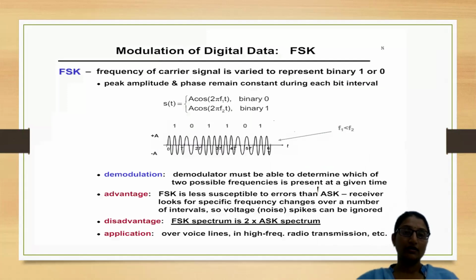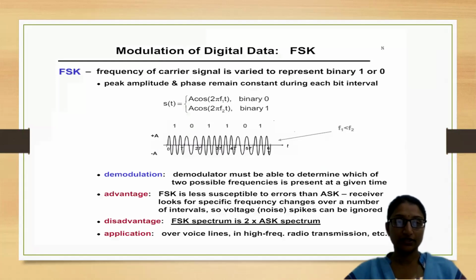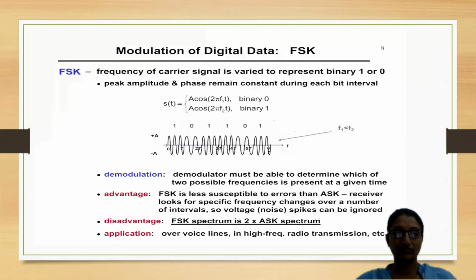Coming to the modulated signal representation, S of t is equal to A cos 2 pi f1 t whenever binary 0, and whenever binary 1, I am representing it as A cos 2 pi f2 t.